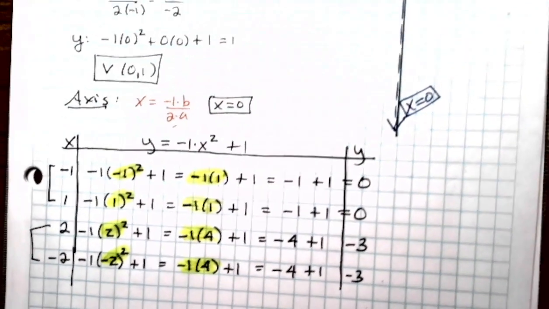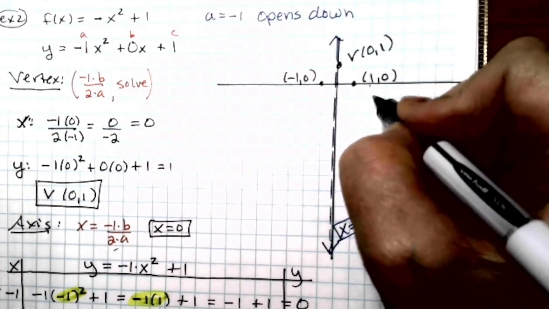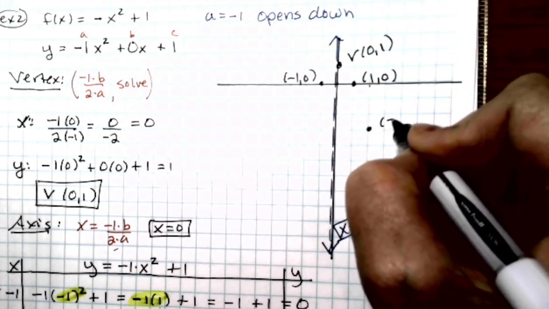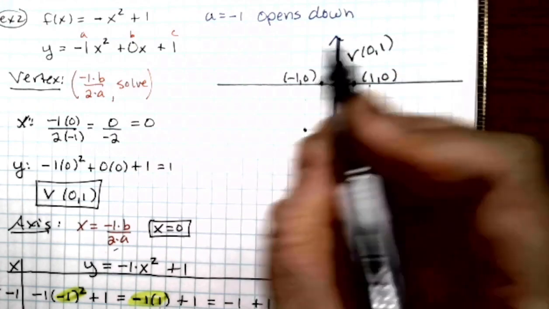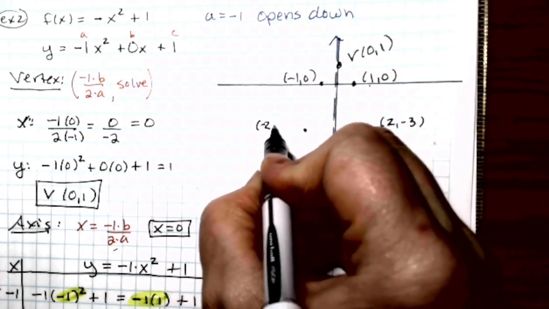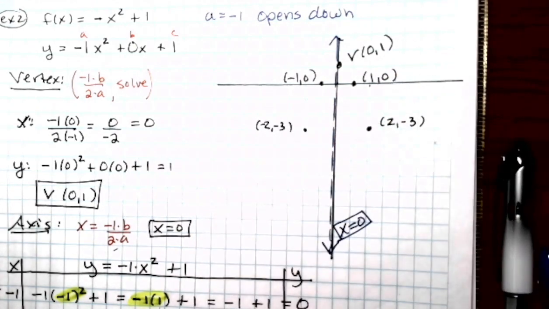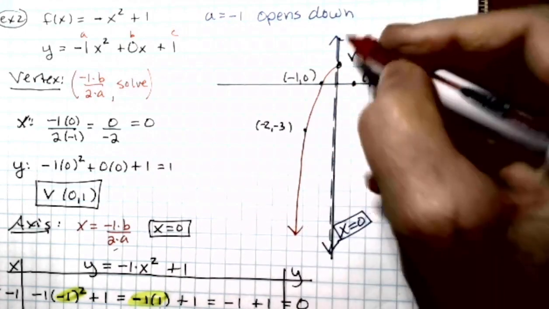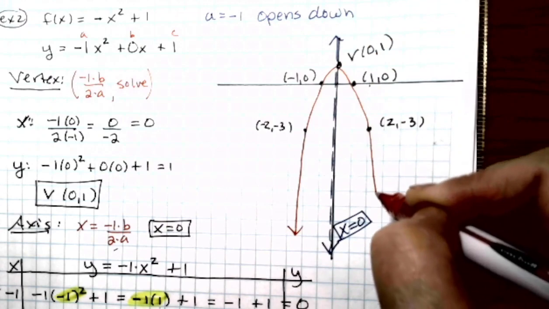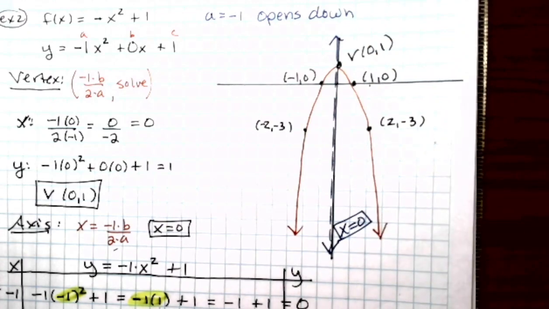All right, let's put that on our graph. 2 to the right, 1, 2, 3 down. So 2, negative 3. 2 to the left, 1, 2, 3 down. Negative 2, negative 3. Draw your parabola nice and curvy. The sides never quite go straight. Put the arrowheads on them and you have a parabola.